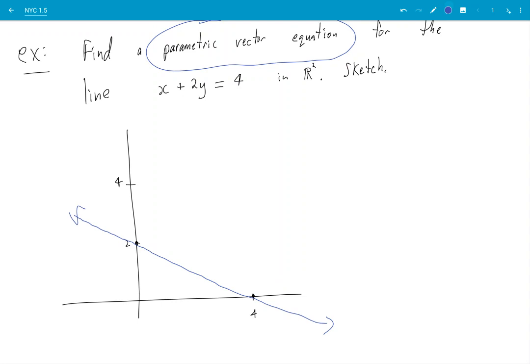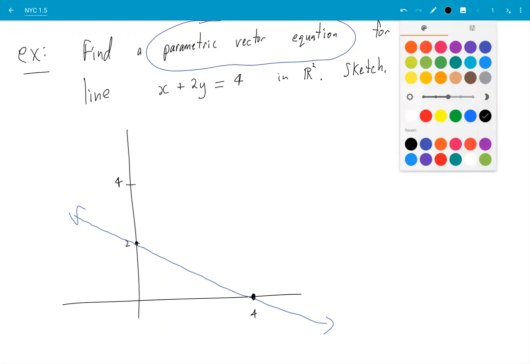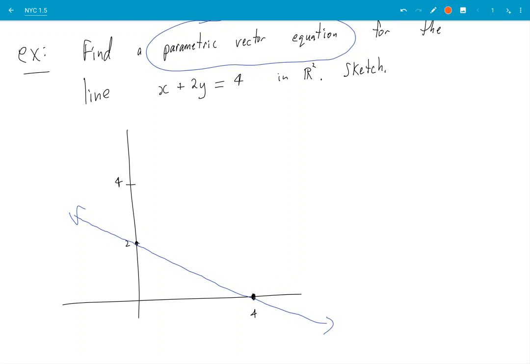Now, I kind of missed my dot there, but you get the idea. I'm going to think about this line as consisting of vectors that start at the origin and end on the line. So we're going to think of it as consisting of all these vectors here. Now, let's say I have a vector x, y that's on the line.